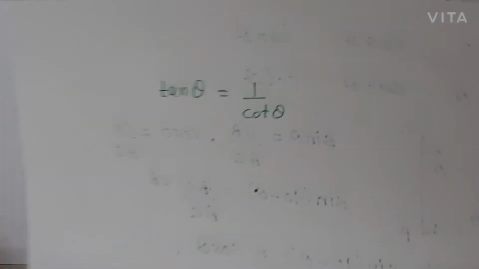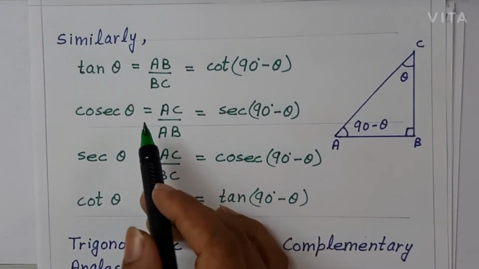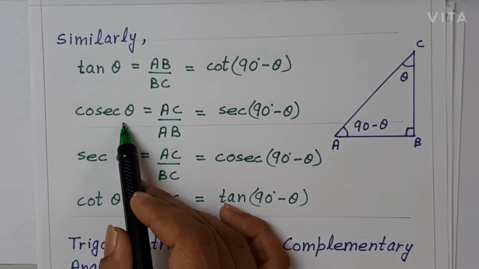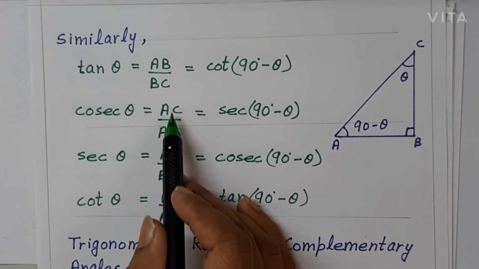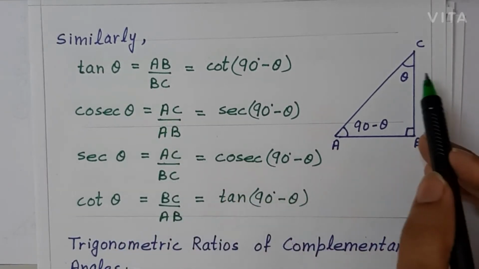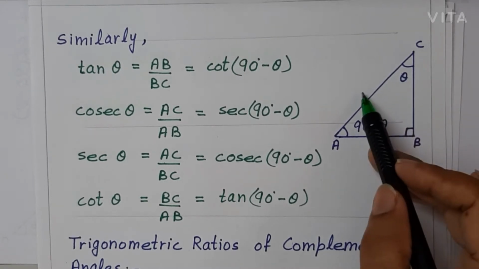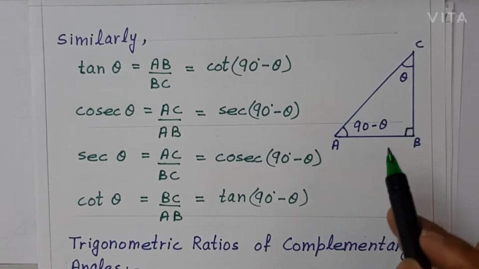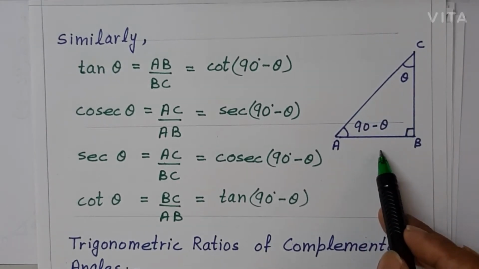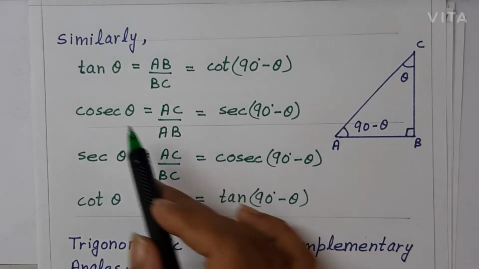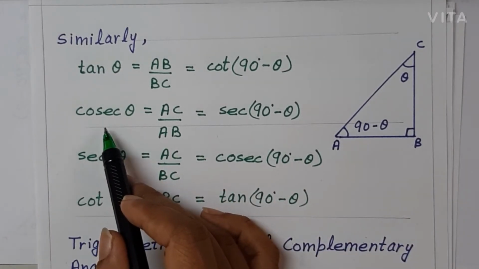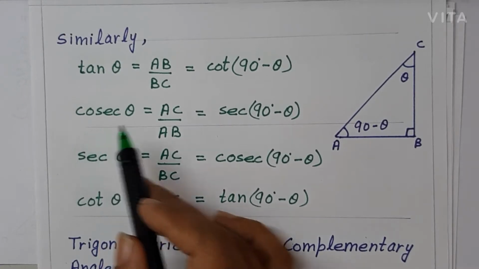So in the same way, if we move further, cosecant theta is equal to AC upon AB. Now, what is cosecant theta? Cosecant theta is hypotenuse upon side opposite to it. Basically, cosecant theta is reciprocal of sine theta. Clear?